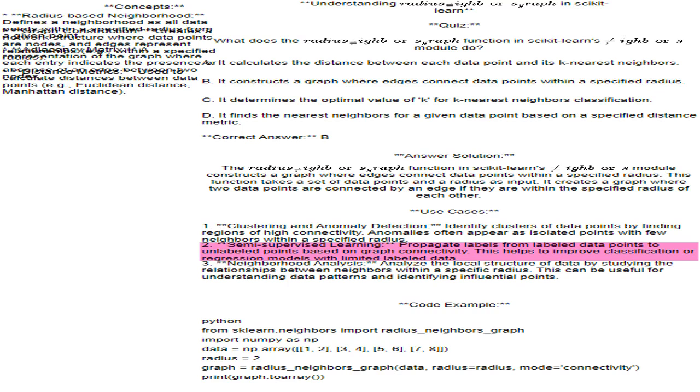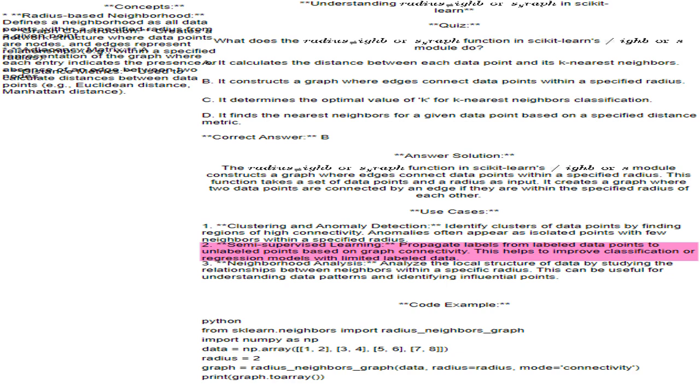Radius neighbors graph allows us to analyze the local structure of data by studying the relationships between neighbors within a specified radius. This can be helpful for understanding data patterns and identifying influential points. For instance, in social network analysis, we can use radius neighbors graph to analyze the relationships between individuals within a specific social circle.